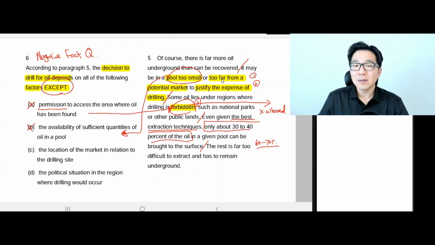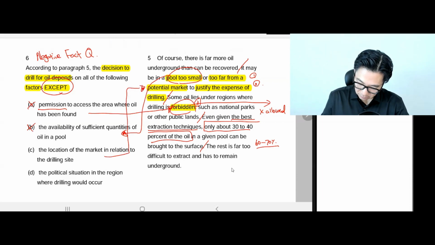If it's too far, not going to do it. If it's very close, yeah, you would do it. So the decision to drill depends on how far the market is from the drilling site. That's the second factor. So with these three factors all covered, D must be the answer.